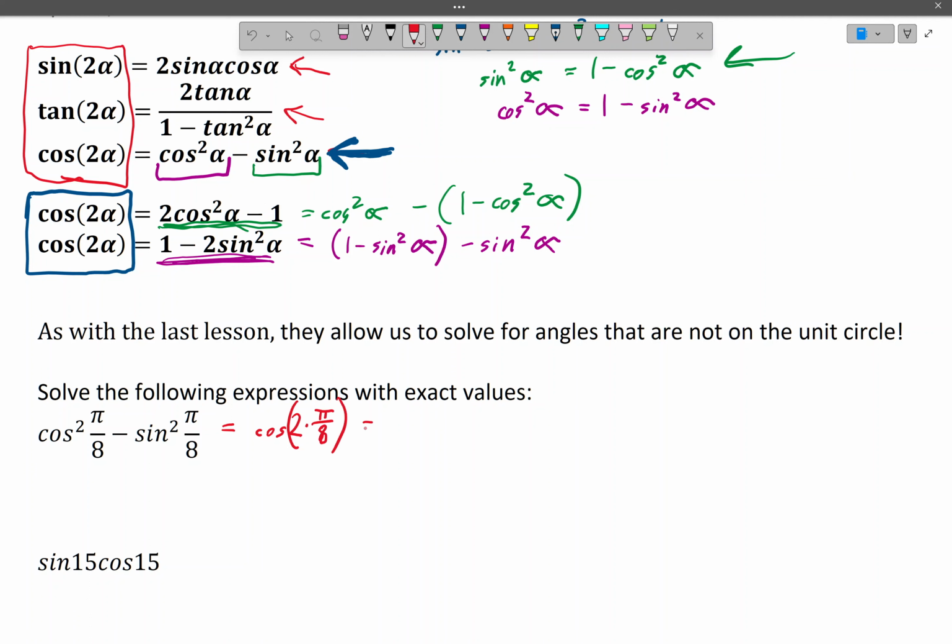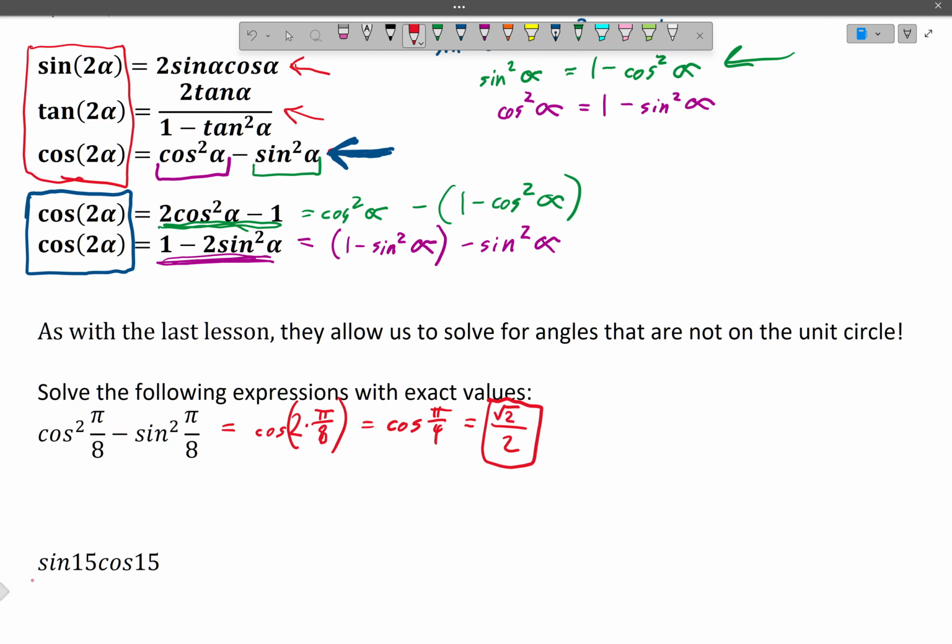And so once we do that, it's cos pi over 4, and that's on our unit circle, so it's root 2 over 2. Okay, and so we can find exact values to other expressions. So this expression here did not have a unit circle angle, but it was solvable.